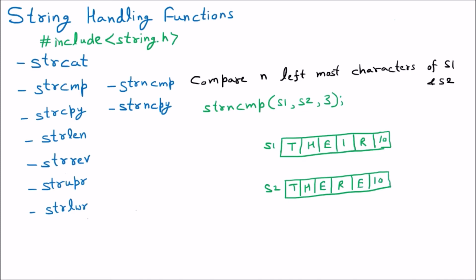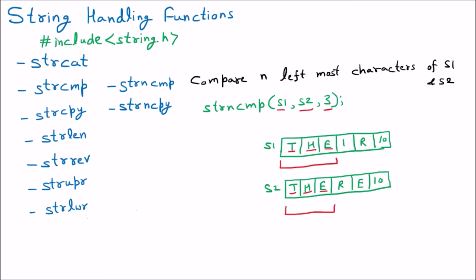Now they are saying match the first three characters from string 1 and string 2. The first three characters in string 1 are THE, and in string 2 they are also THE. So it matches first character with first, same; second with second, same; third with third.